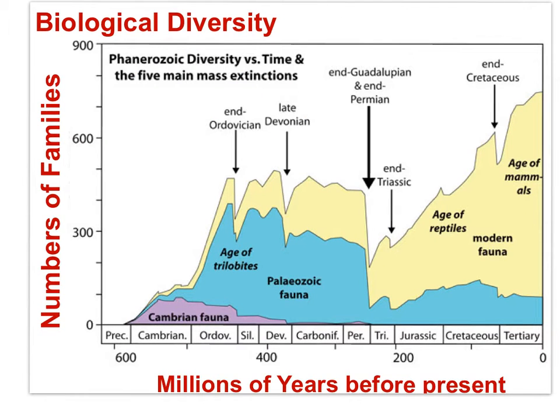As I've mentioned previously in movies 1 and 2 of this series, species diversity has generally increased over time. Natural selection, working in combination with changing environments over long periods of time, has been responsible for the general increase in the world's diversity. But there have been 5 great extinctions.